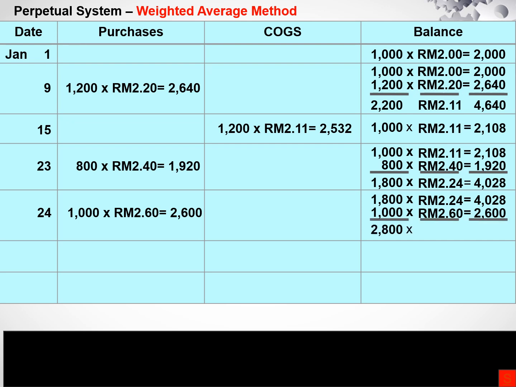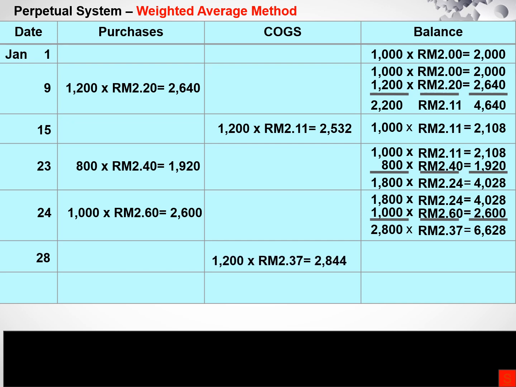So the total units are 2,800 unit and the total costs are 6,628. So calculate the cost per unit equals to 6,628 divided by 2,800. The answer is 2 ringgit and 37 cents.